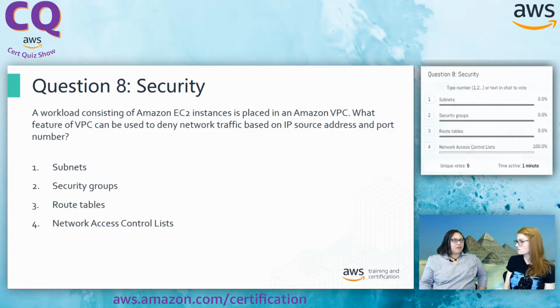Security groups is actually a firewall on the EC2 instance. You can specify what goes out and in from EC2 through security groups, but you cannot attach security groups to the VPC. Route tables. It's tricky, but you use them actually to route traffic.